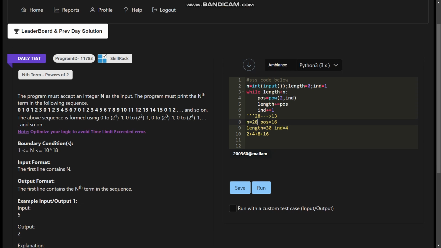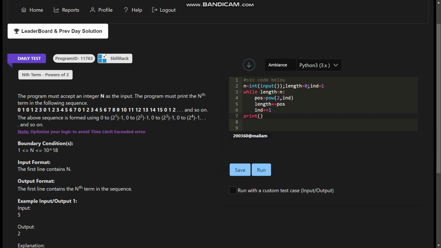So the answer should be n minus position plus 1. Let's check this for 5. For 5 the length will be 2 plus 4, 6, the index will be 2, and position will be 4. For 5 the answer is 2: 5 minus 4 plus 1. Yes, this works. Let's print it out: print n minus position plus 1.